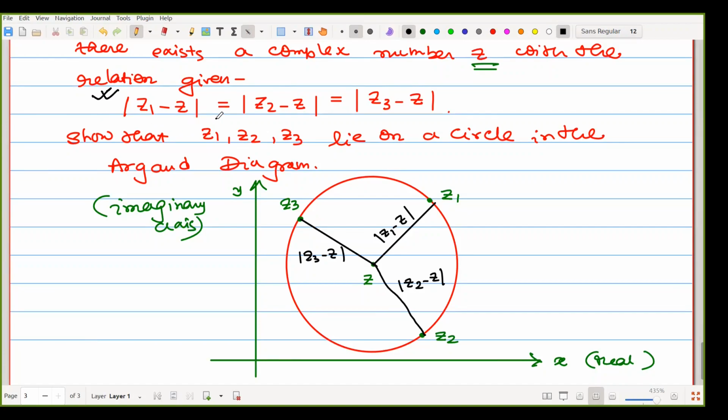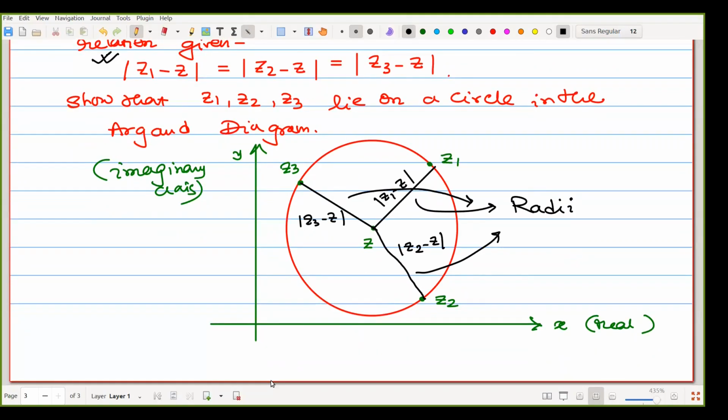Modulus of Z1 minus Z is equal to modulus of Z2 minus Z is equal to Z3 minus Z, which are practically representing the radii of the circle. So the diagram simply describes that this is true. But how to write it?